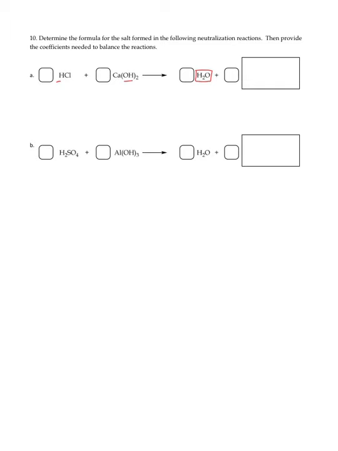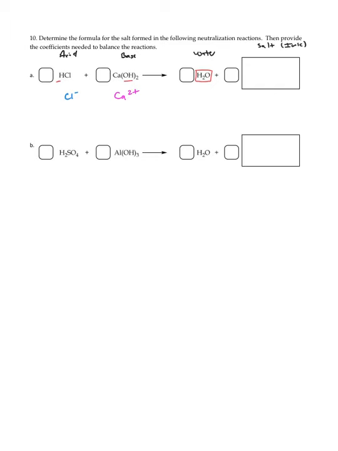So what you want to look at is what's left over from your acid, right? So again, this is my acid that has the H plus. This is my base. They're going to neutralize together to make water and a salt, right? Salt is just an ionic compound. And so what you have then is Cl minus left over from your acid, and you have Ca2 plus left over from your base.